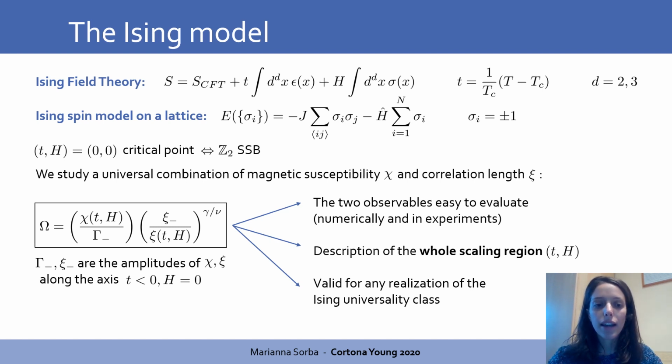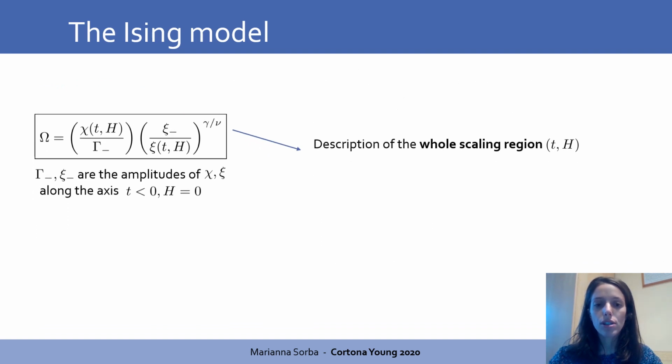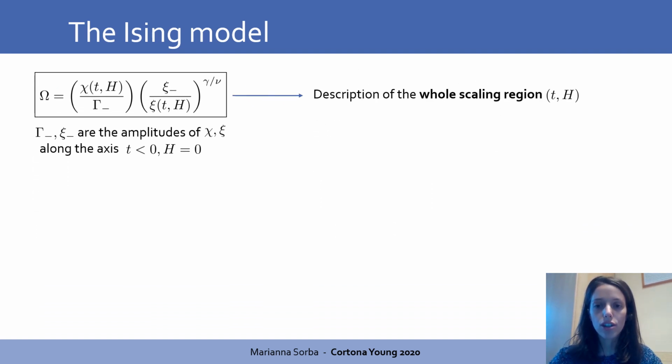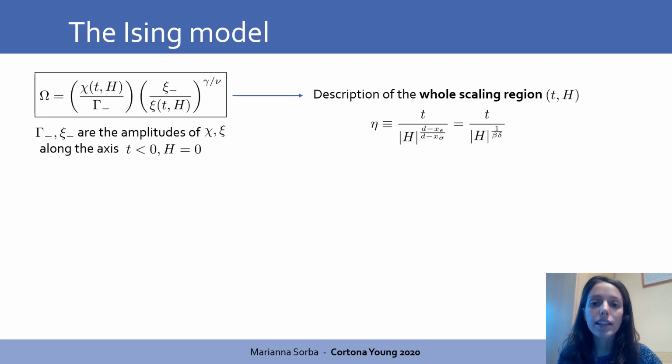So, having this in mind, we focus on this omega ratio that is defined in the whole scaling region. Here we know that the observables are described by a proper combination of temperature and magnetic field, giving a so-called scaling parameter, eta.